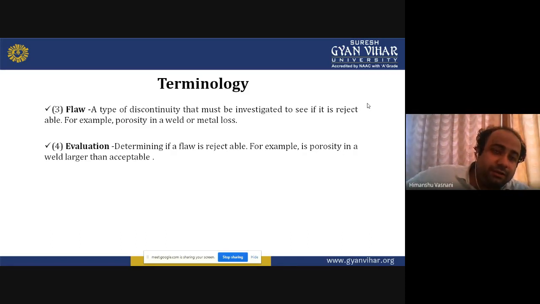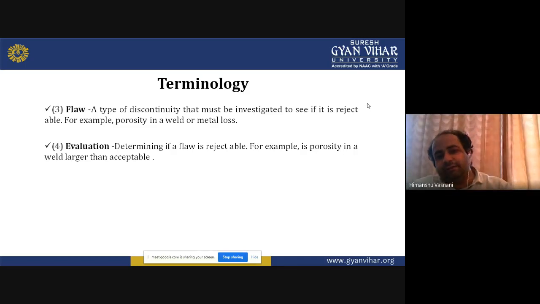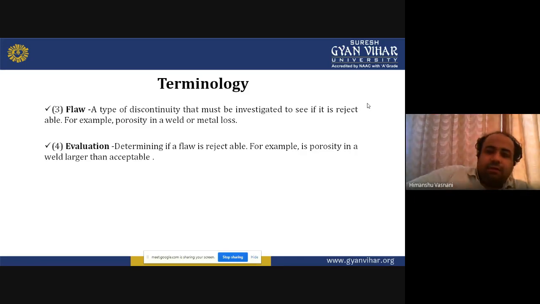So interpretation holds a very important role in this. Okay, then evaluation. I told you just now the example of welding. Determining if the flaw is rejectable or not. I told you about this example only. Porosity in the weld is larger than acceptable.